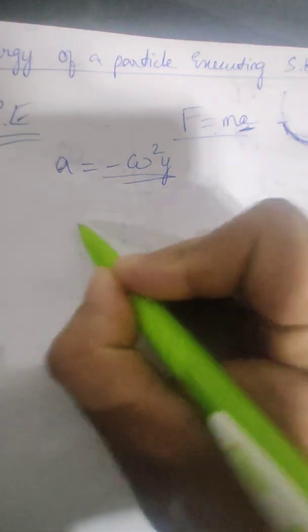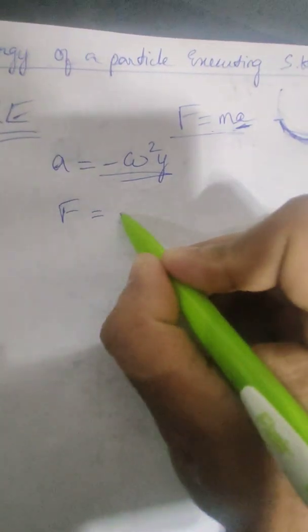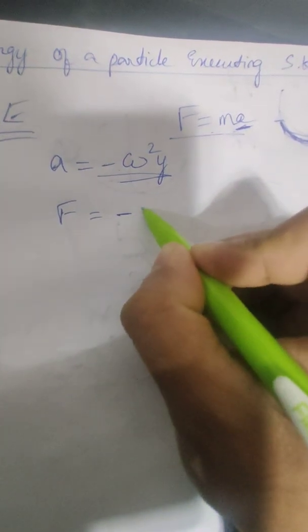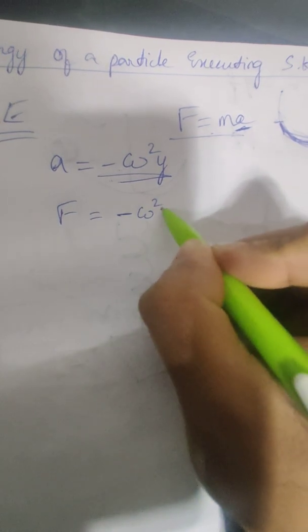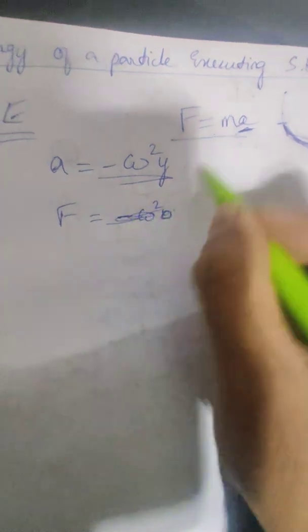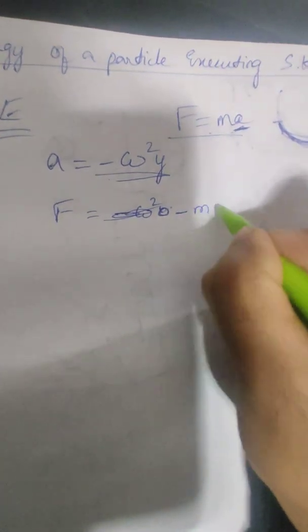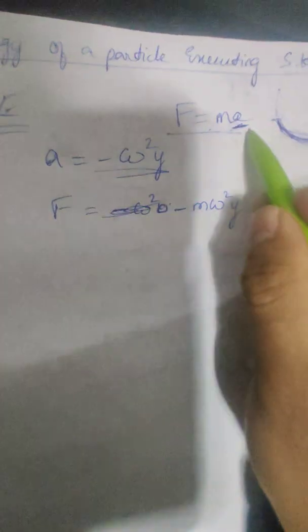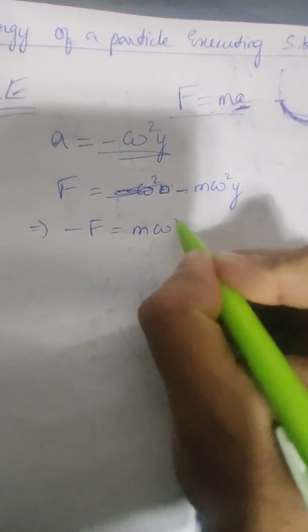If I substitute the value of A over here, then F will be equal to minus m omega square y. Or I can shift the negative sign, so minus F will be equal to m omega square y, still the same.